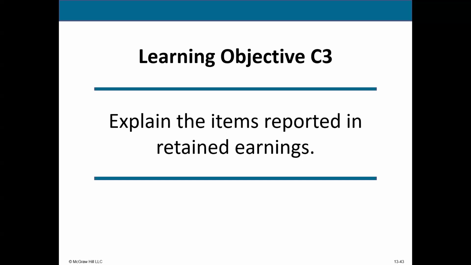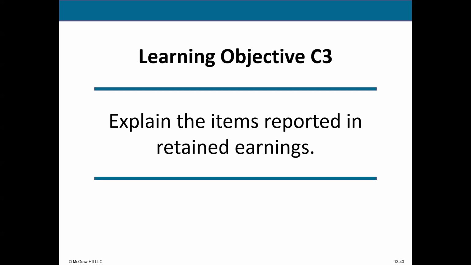Now, the statement of retained earnings is one of the four primary financial statements that we've learned about in this class. The first financial statement you learned about is the income statement that shows your sales minus cost of goods sold equals gross profit, minus your operating expenses equals operating income, minus your interest and taxes equals net income. That's the income statement.